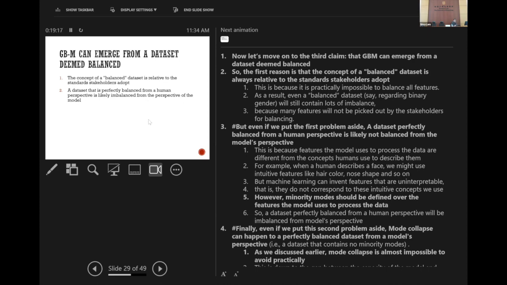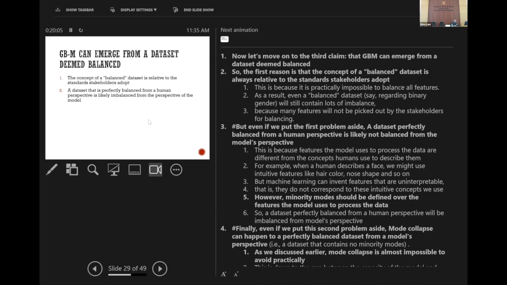And the second reason: even if we put the first issue, which is already tricky enough, aside, we will still encounter a second problem. A data set that's perfectly balanced from a human perspective is unlikely to be balanced from a model's perspective. This is because the features models use to process the data are typically very different from the concepts we use to describe the data. For example, when a human describes a face, we use concepts like facial hair color, maybe the shape of the eye. But machine learning typically will invent features through the learning process, and use those features to make categorizations or generations.